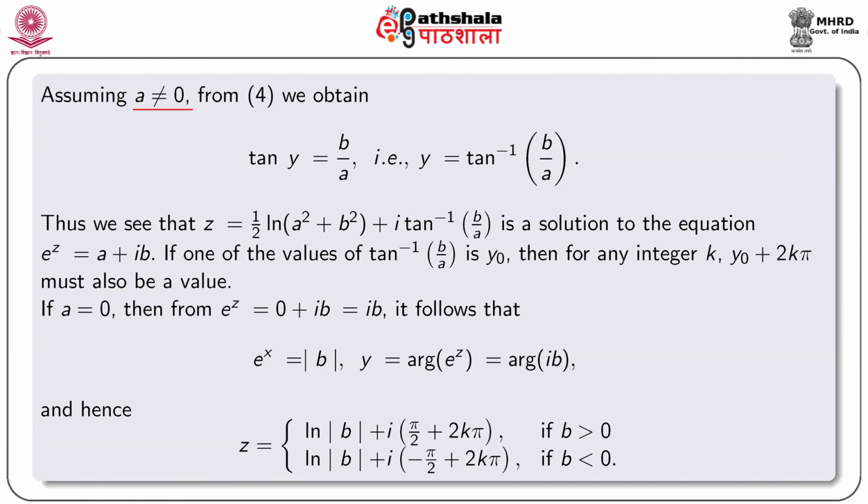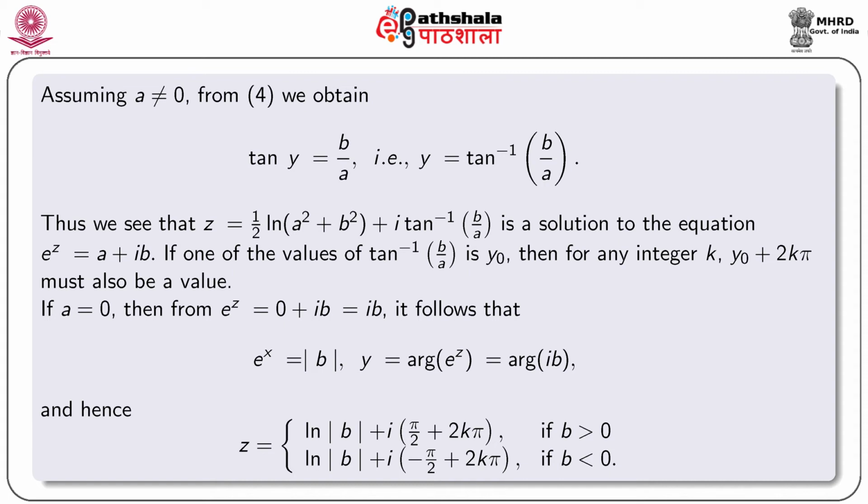So, assuming a non-zero, from above we obtain tan y equal to b by a, that is y is equal to tan inverse b by a. Thus, we see that z equal to x plus iy, which is equal to half log of a square plus b square plus i tan inverse b by a, is a solution to the equation e to the power z equal to a plus ib.